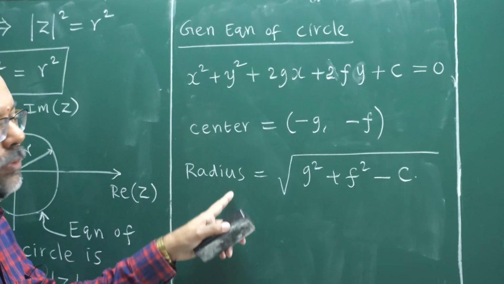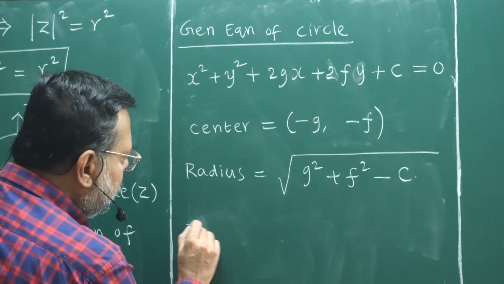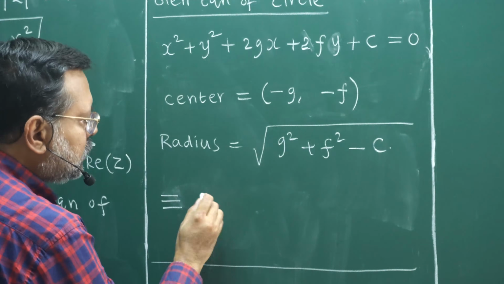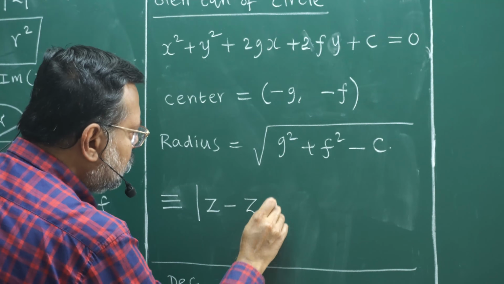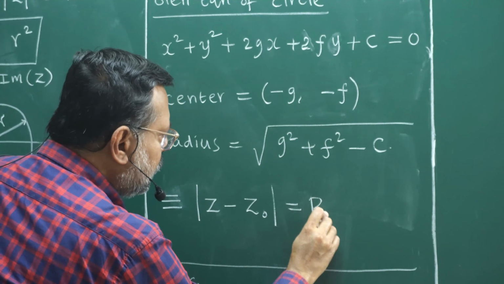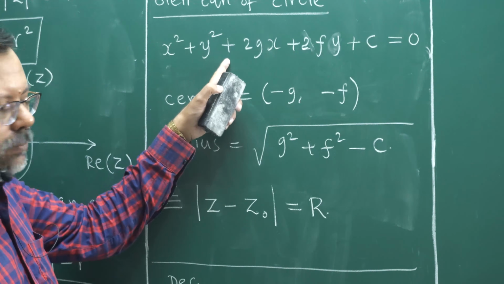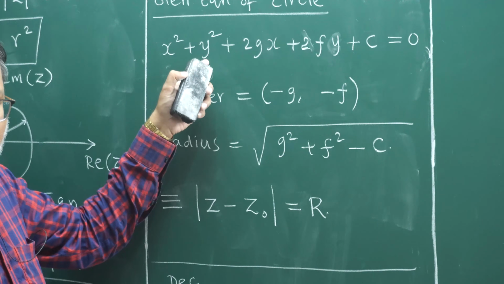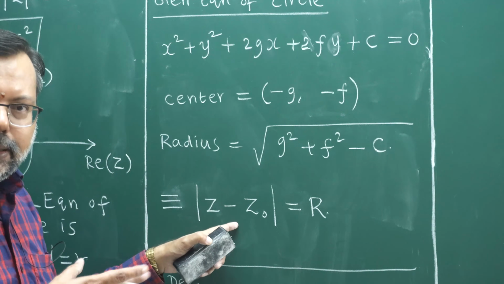This equation is very important, because it is identically equal to what is written in the complex variable theory, like modulus of z minus z naught equal to the radius r. This is the usual Cartesian coordinate geometry that you study, and it has been rewritten here.